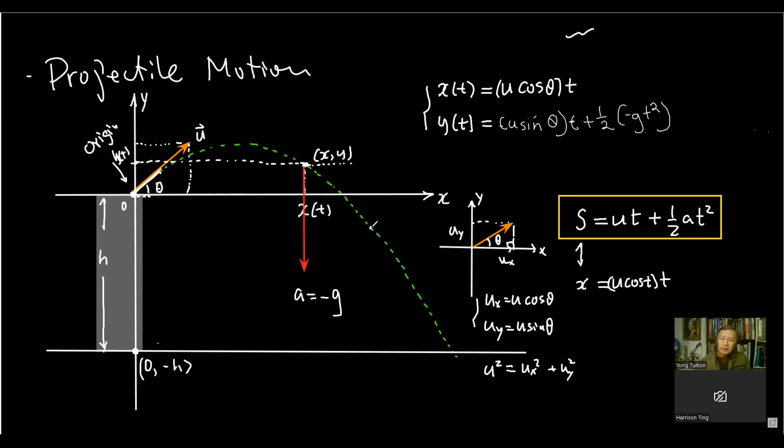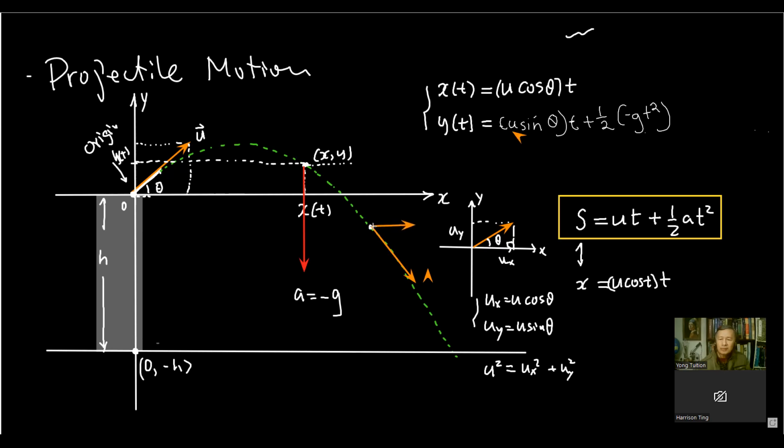For the scenario at any position, for example, if we want to know the instantaneous velocity, do you know the direction of velocity? It is tangential. So in this case, we can also draw the two components of this instantaneous velocity.